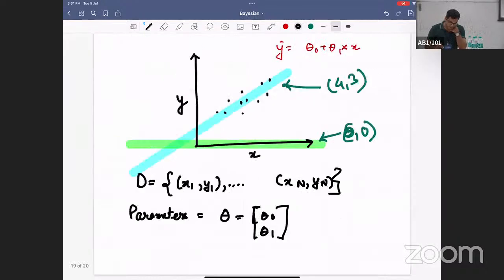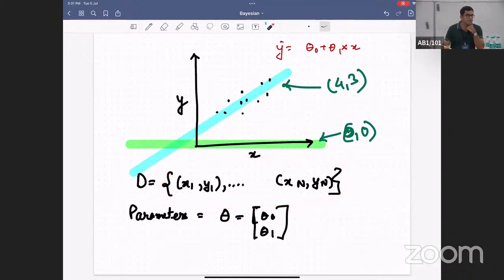Now data is x1, y1, x2, y2, and so on and so forth. We have n data points. What can we assume about the data set? The data is IID, right?